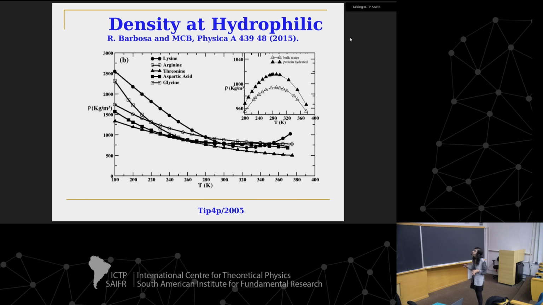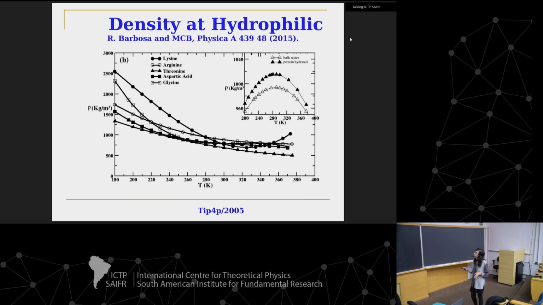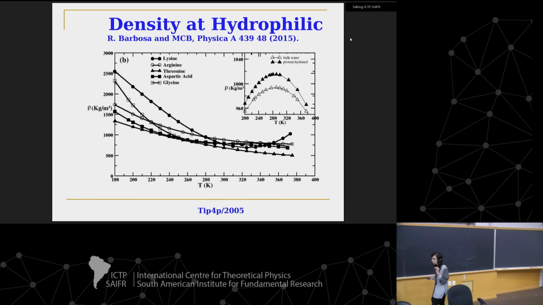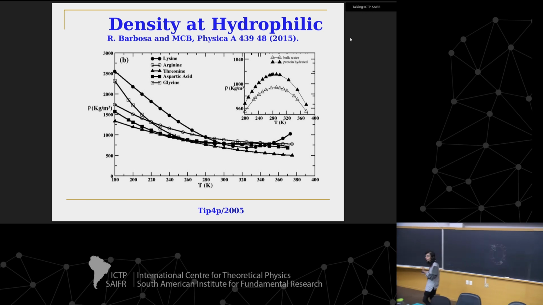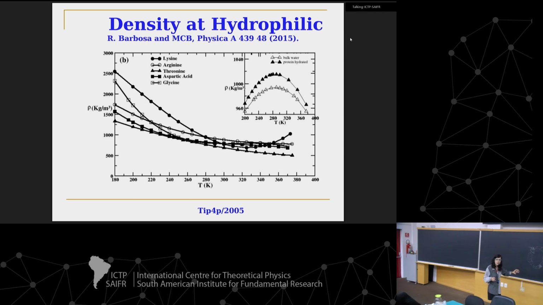The same thing happens for, this is for SPC water, and this is for TIP5P-E water. You see that it's not the same result, which indicates that for hydration, the specific model you select for studying the system makes a lot of difference. For density anomaly at 4 centigrade, it doesn't. Most of the models reproduce the density anomaly.